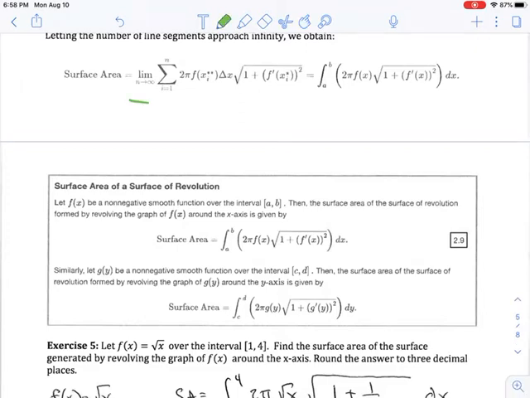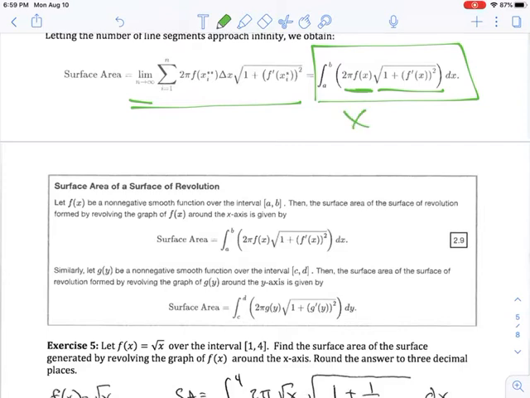We take the limit as n approaches infinity of this Riemann sum, and we end up with an integral. The integral is the integral from a to b of 2 pi f of x times the square root of 1 plus f prime of x squared. Now this is if it's being rotated around the x-axis. And that gives us this formula right here in the box.